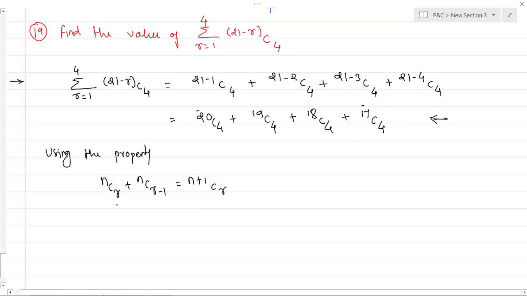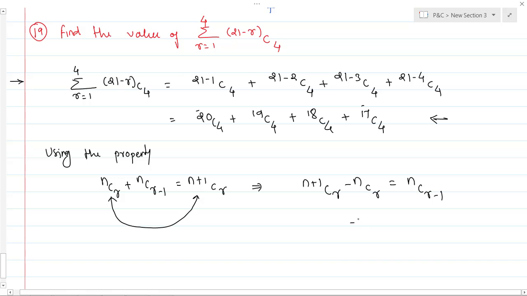In these two terms we have the same value of r and different values of n. So let's take that: n plus 1 Cr minus nCr is equal to nCr minus 1. Now suppose I consider n as 17 and r as, sorry, 5. What happens?